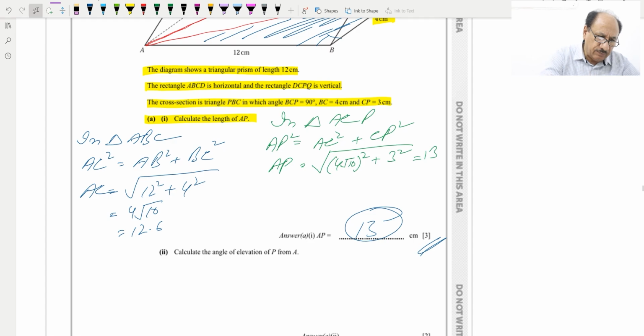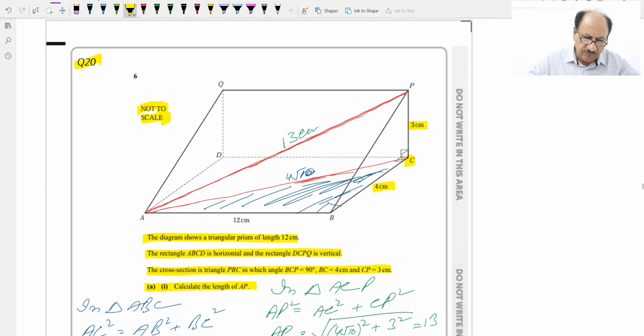Now the second part says calculate the angle of elevation of P from A. Angle of elevation of P from A will be which one? This will be the angle of elevation, and we can take it as theta.